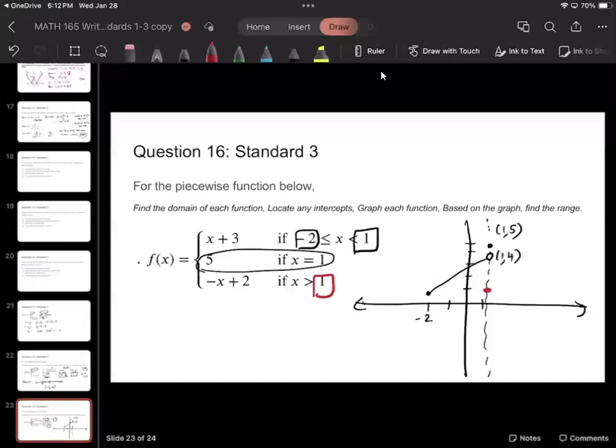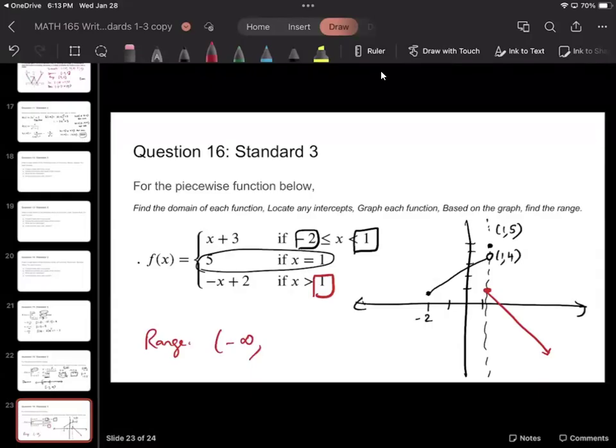After that, the graph just goes down like that, because it has a slope of -1. So that's how it goes. These are the three pieces of the graph. Now, based on the graph, find the range. You see that the y values keep going down, down, down, right? So that means -infinity is the lowest y value.